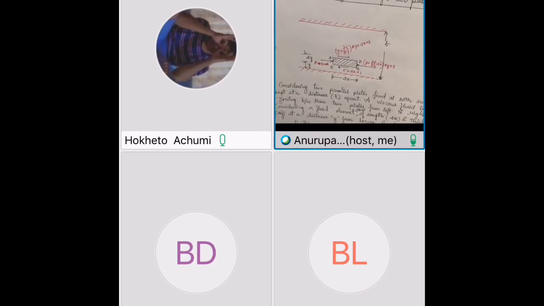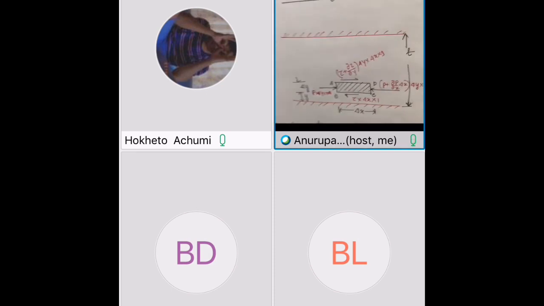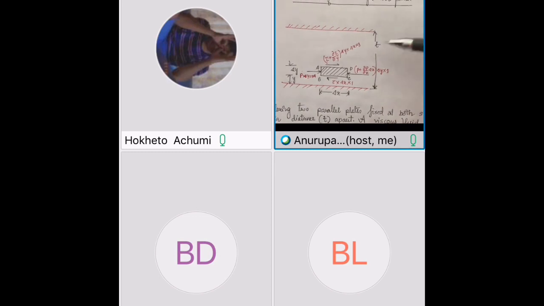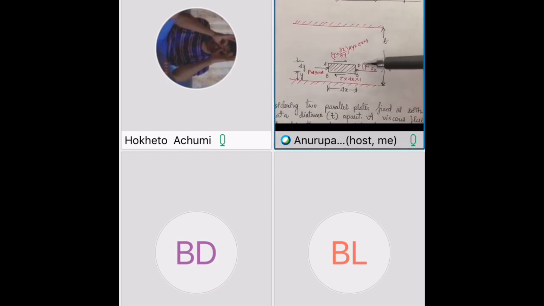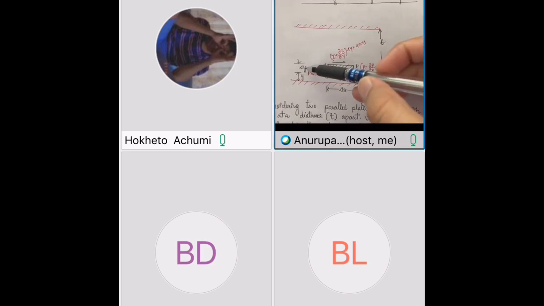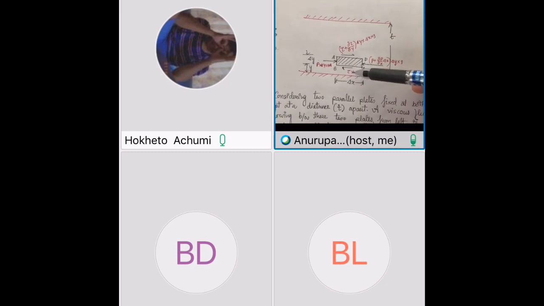Again, as we know, for steady and uniform flow there is no acceleration, and hence the resultant in the direction of flow is taken as 0. These are the forces acting as you have seen in the figure.